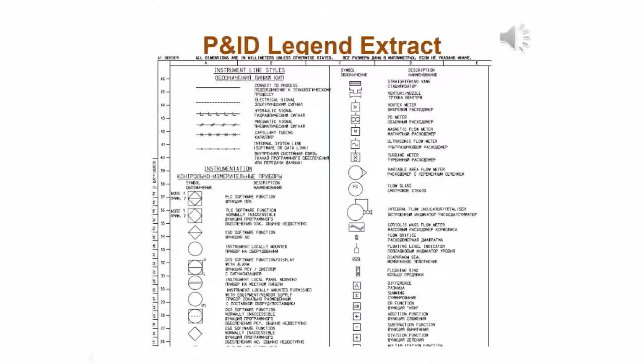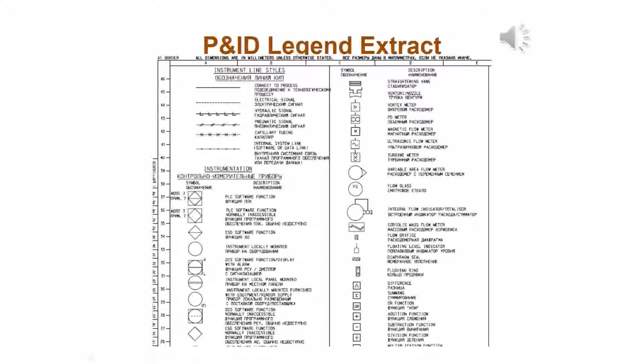There are many symbols used in documents, mostly in two of them, piping and instrumentation and loop diagrams. And in this lesson, we will illustrate and explain the most important of them. Documentation containing piping and instrumentation and loop diagrams begins with the legend containing the explanation of symbols.